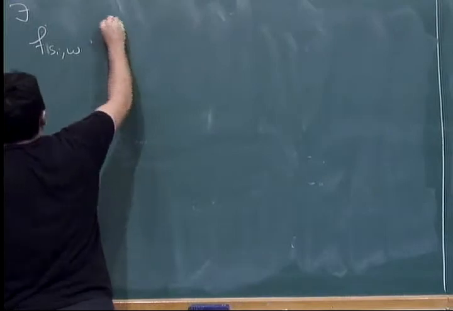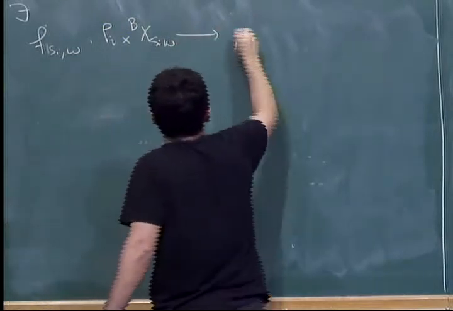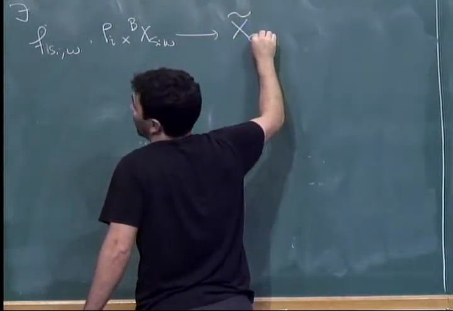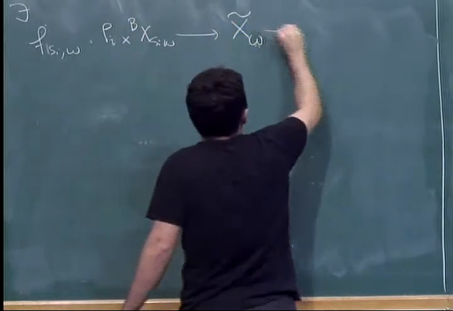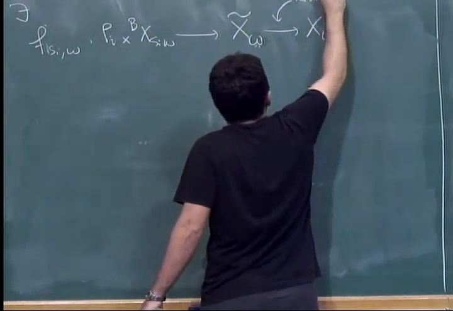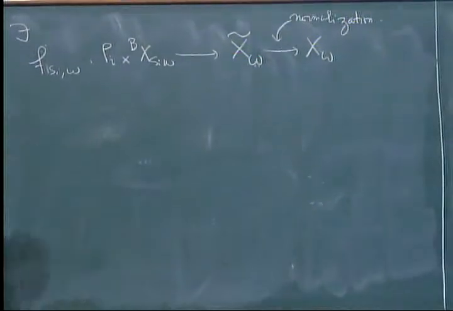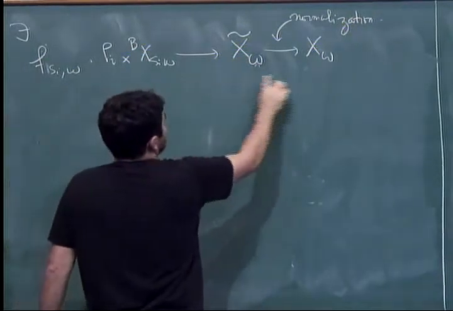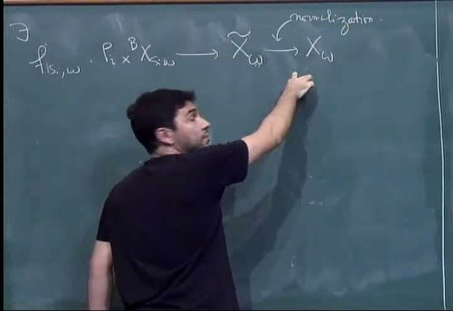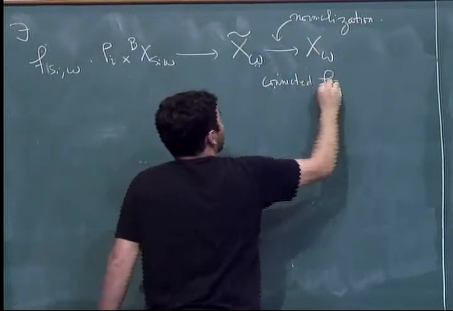So there exists a factorization from Pi cross B X Si omega to the normalization, and here you get connected fibers.